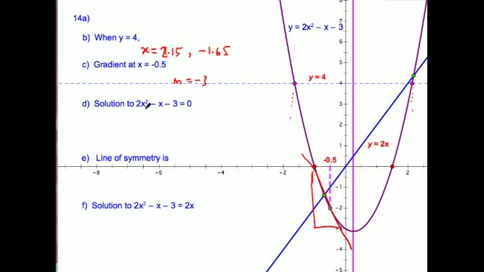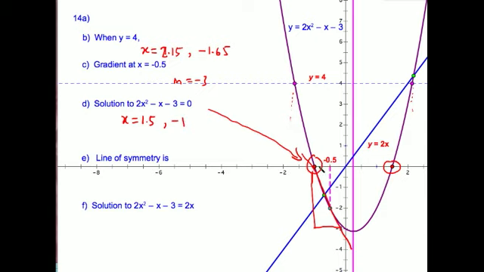Next, to solve the equation from the graph, the solutions to the quadratic equation are simply the x-intercepts, which are at x equals 1.5 and minus 1.